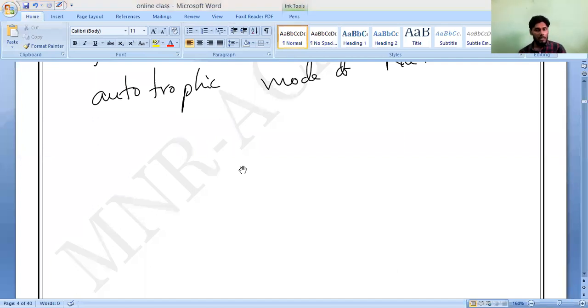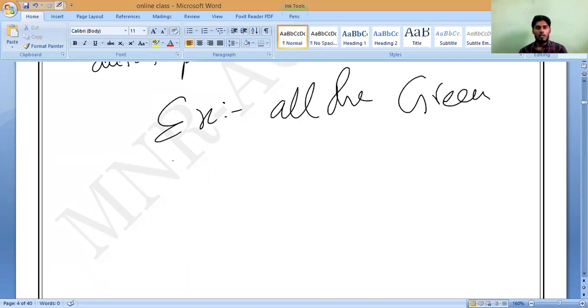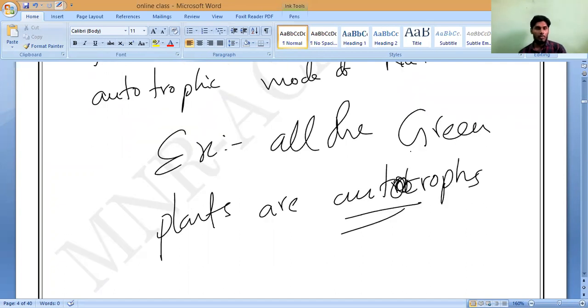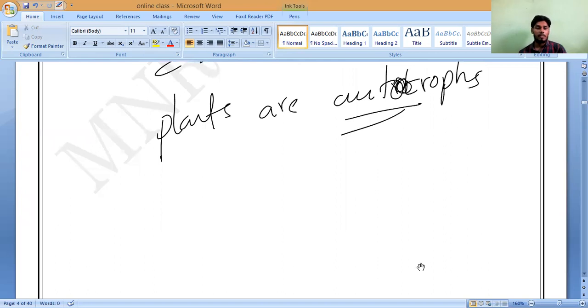Examples: all the green plants are autotrophs. That is what you have to remember. The mode of nutrition in all the green plants is the autotrophic mode of nutrition.